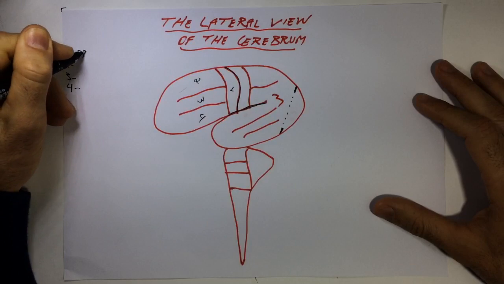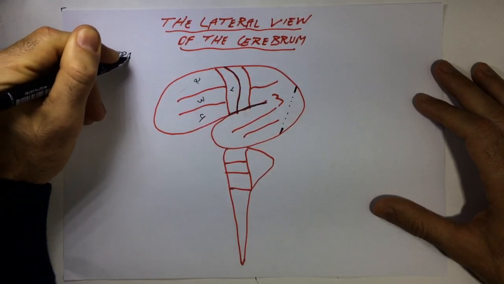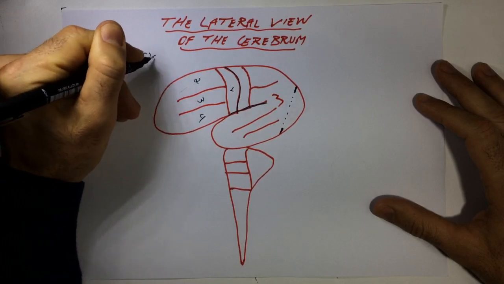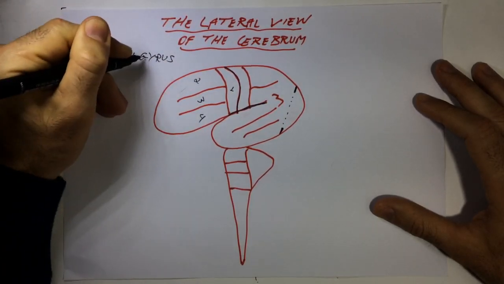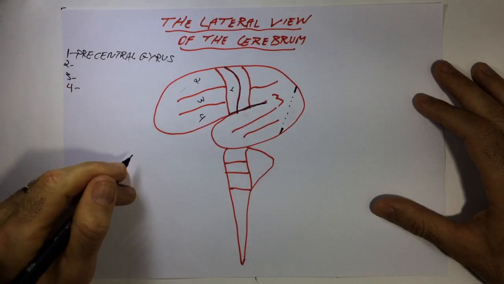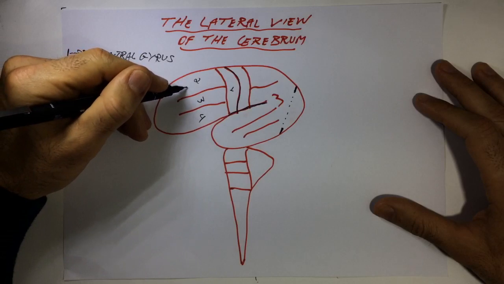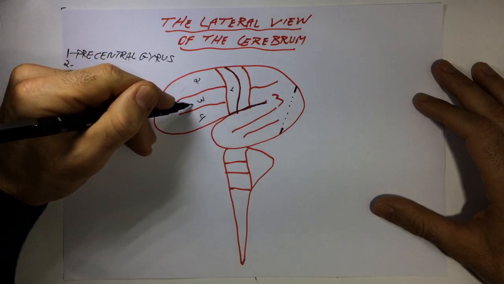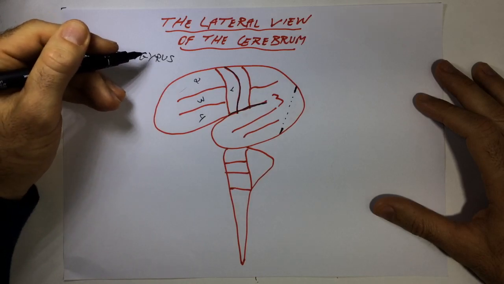So it's the precentral gyrus. Precentral gyrus. These three here are called superior, medium, and inferior frontal gyrus.